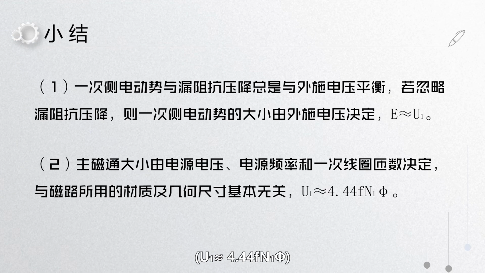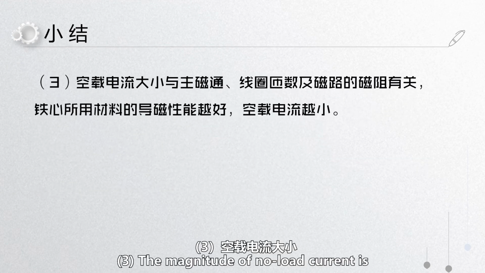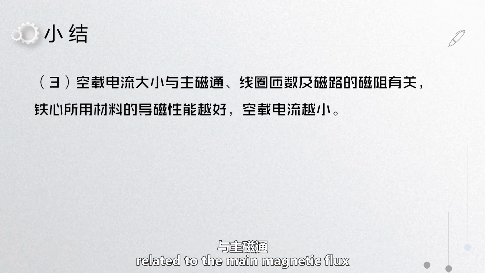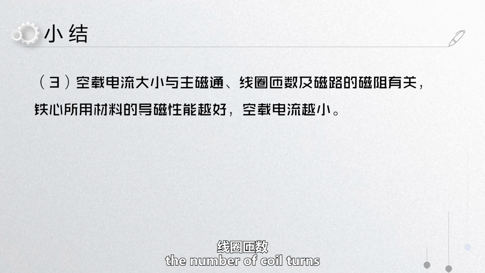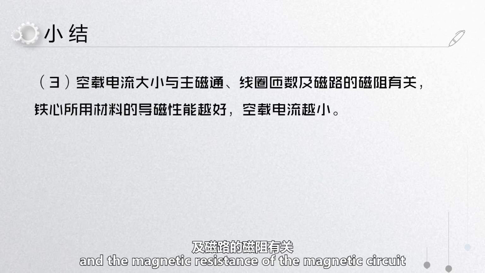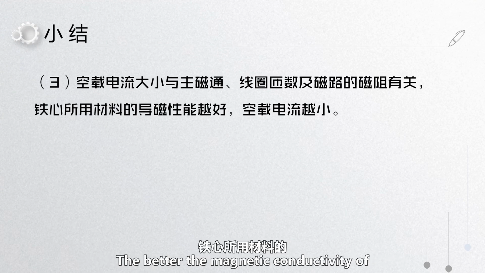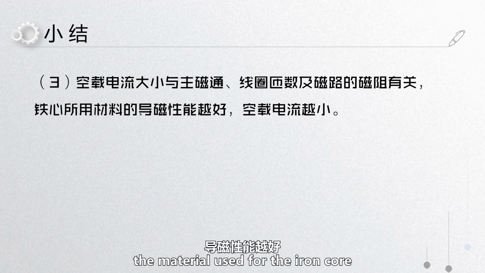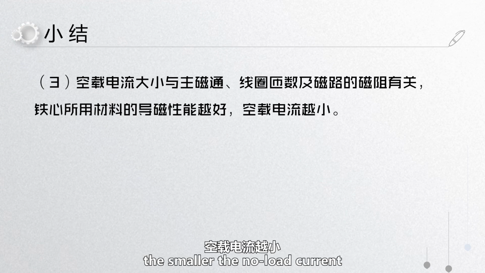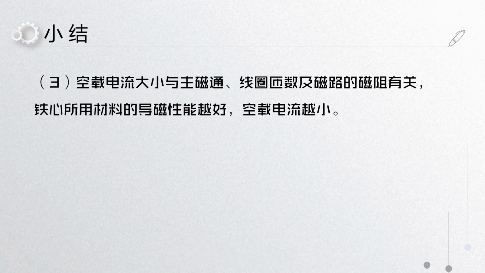U1 approximately equals 4.44 times f times N1 times phi m. Third, the magnitude of no-load current is related to the main magnetic flux, the number of coil turns and the magnetic resistance of the magnetic circuit. The better the magnetic conductivity of the material used for the iron core, the smaller the no-load current.